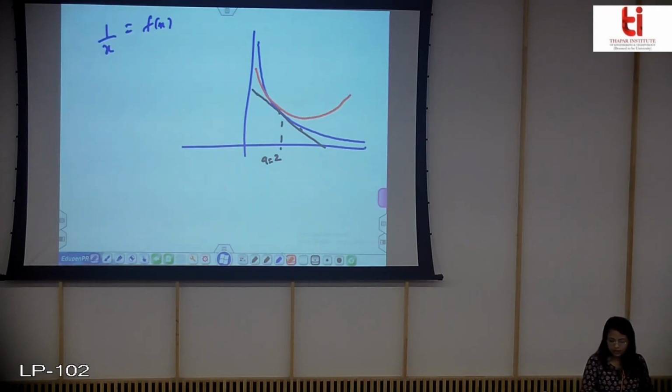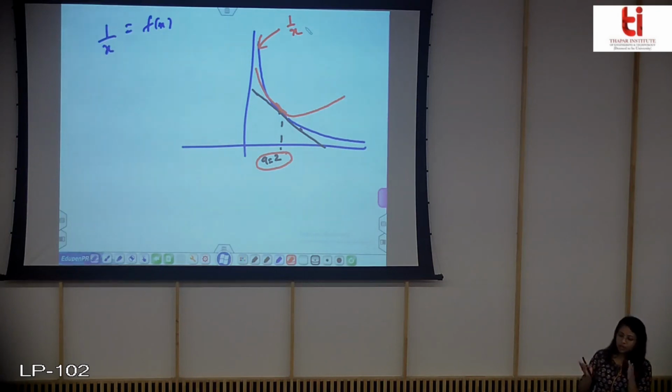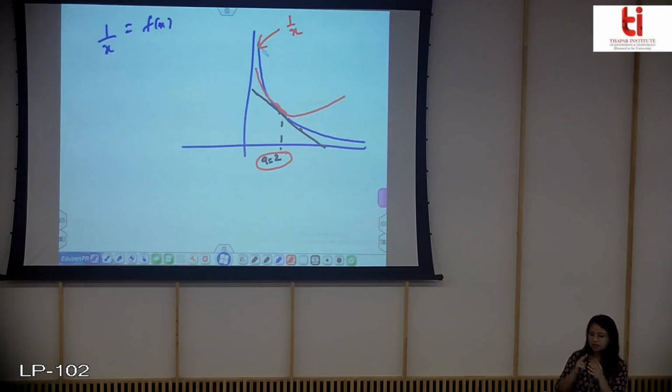So from this graph you get an idea that around a is equal to 2, this is our original graph. The original graph and the approximated graph are nearby equal, and if you consider more and more terms, you will see that with 2 terms I got this black one.